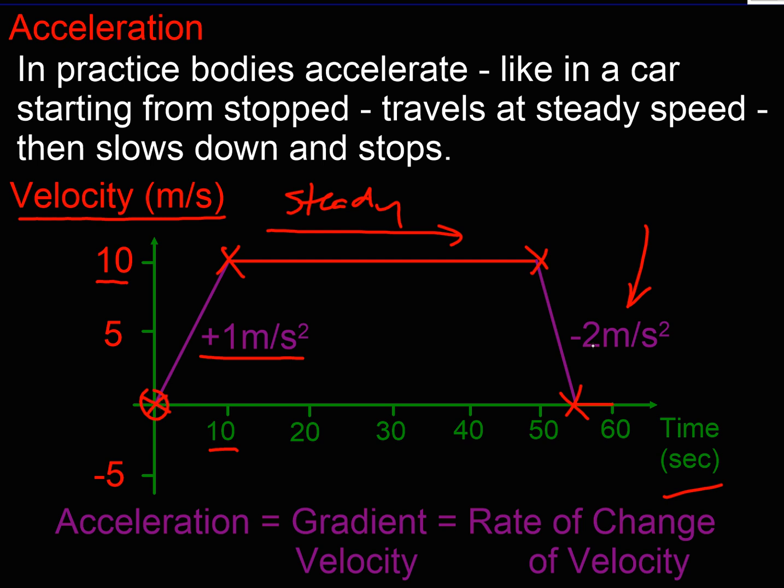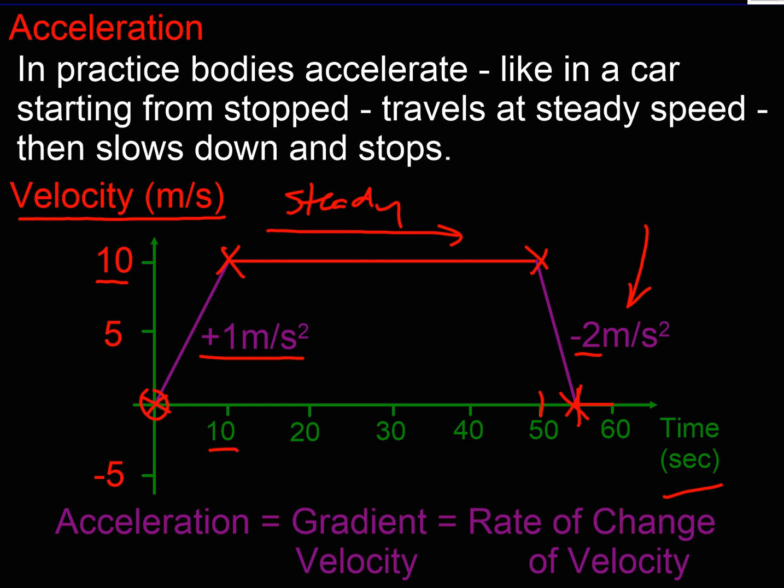And we can see that because our gradient on this section is negative. We can work out the gradient is -2 because we went from 10 meters per second to 0 over 5 seconds, so 10 divided by 5 is 2. So during this phase, we have an acceleration of -2 meters per second squared.